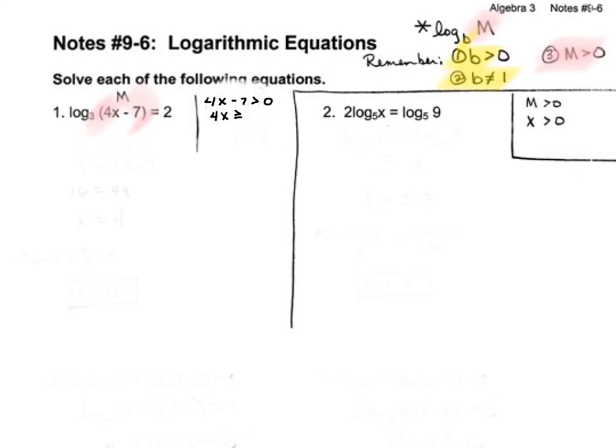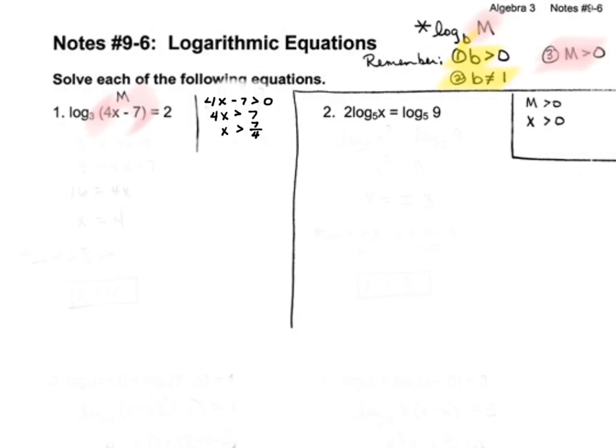Whoops, I shouldn't have put that equal there. Greater than 7, and divide by 4. So when we get our answer for x, it has to be greater than 7/4, which is 1 3/4. If it's not greater than that, then we know we can't use that answer.